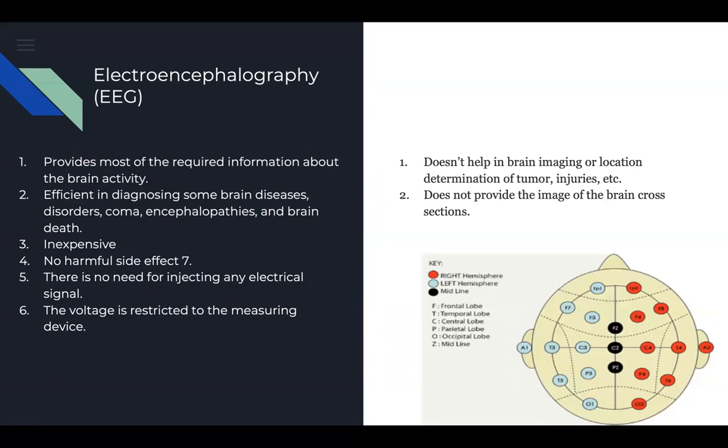EEG receives the electrical activity from the firing of neurons in the brain, and electrodes are placed on the scalp. As you can see in the diagram, the black spots are along the middle line, and they use electrodes on that middle line so they can receive the brain information.